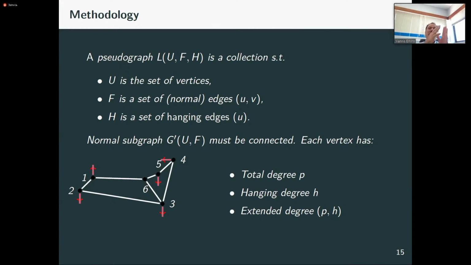The thing is that if you start eliminating vertices, although we start with a simple graph, which is connected, of course, at some point we get to a pseudograph. The pseudograph is what we get when we eliminate a vertex, but we do not eliminate all of its incident edges.